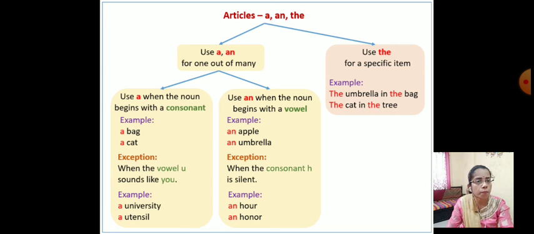The umbrella in the bag. It means it was mentioned earlier and is repeated again. The cat in the tree. The is used when it was mentioned earlier and is mentioned again in the sentence.